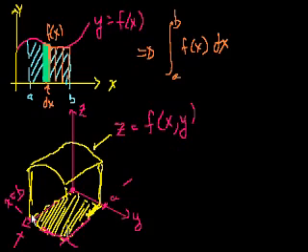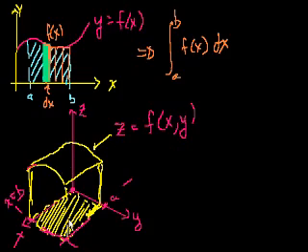So how do we figure out the volume under this? Well, if I just wanted to figure out the area of, let's just say, this sliver. Actually, let me go the other way. Let's say we had a constant y. I don't want to confuse you.